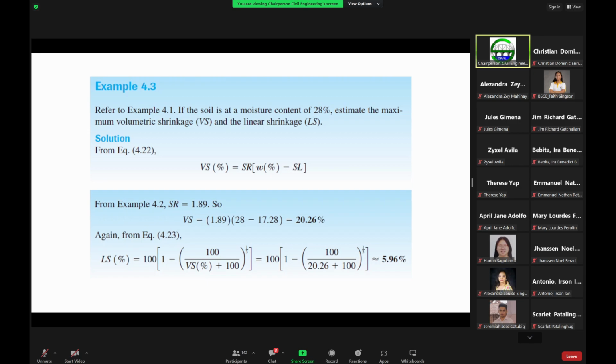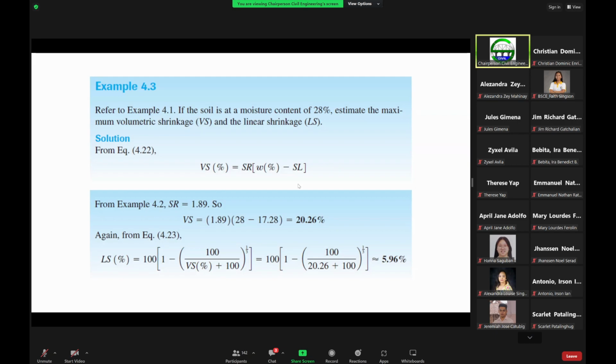Here, the moisture content is given as 28. We have already solved for the shrinkage limit, and this one is the shrinkage ratio. With that, we have the volumetric shrinkage equal to 20.26%, for example.